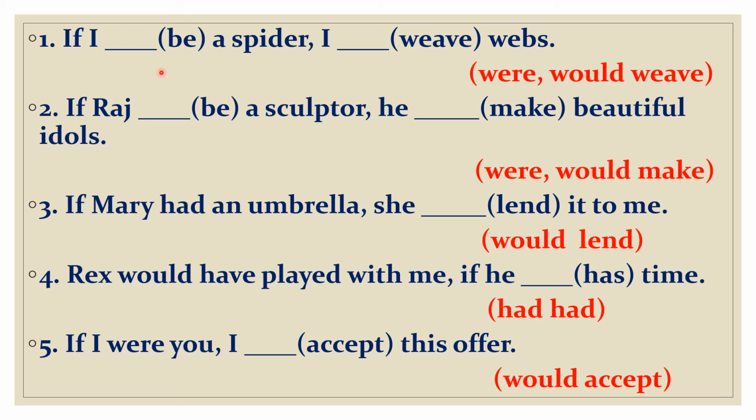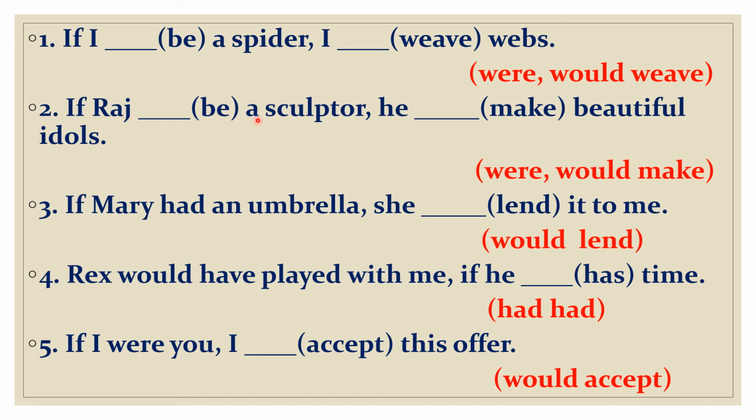See the structure: if plus subject plus past tense. Here also past tense, would or could or should plus base form of verb. Weave is the base form. So would weave is correct. If I were a spider, I would weave webs.